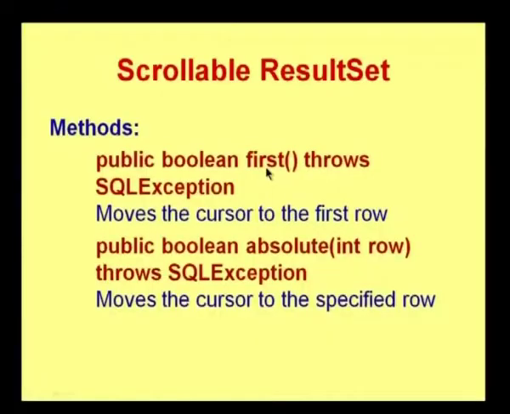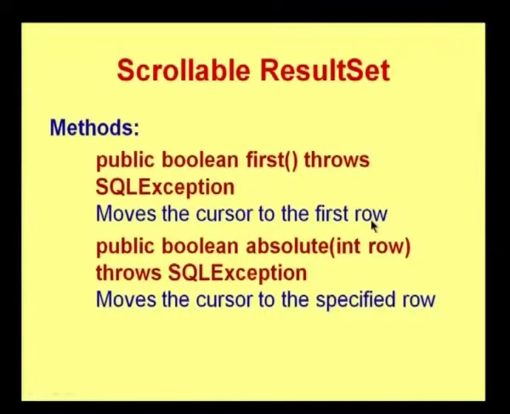Now we have methods to directly move to the first row or last row, whereas in previous sessions we have only been using the next method, accessing only the next row, and we could not move to any other position. Also, once we come to the end, I have to execute the query again to get the result set loaded with new data, and only then can I start from the first row.